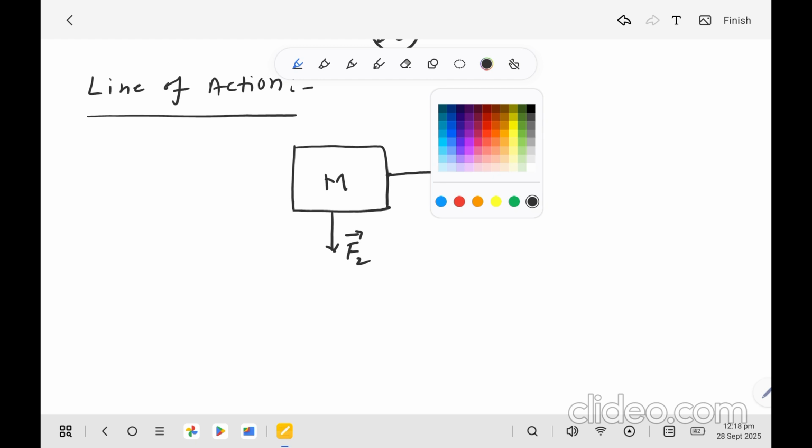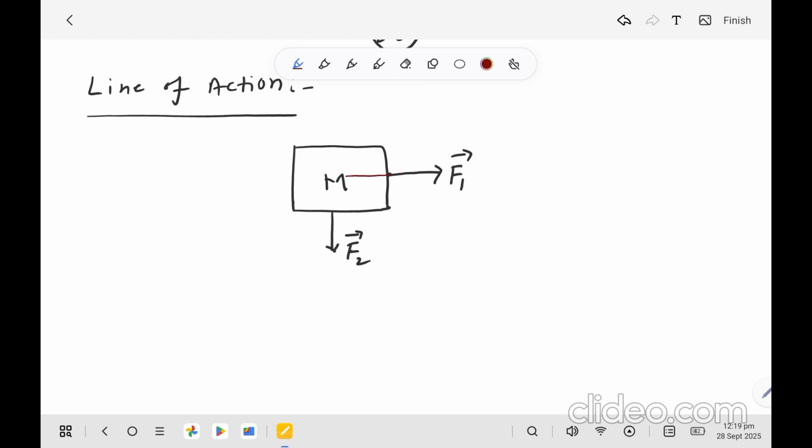Then if I extend the line of the force in the opposite direction, or if I extend this force in this direction, okay, so this is nothing but the line of action.